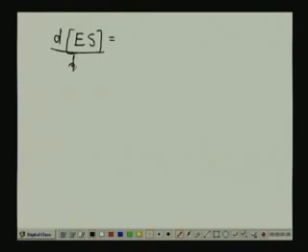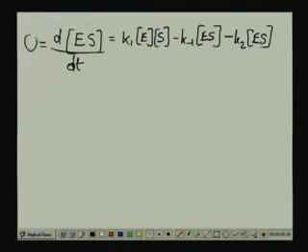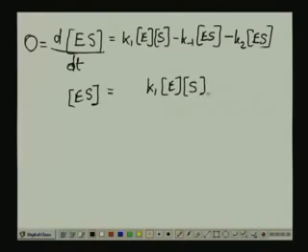I have d ES dt was K1 E S minus K minus 1 ES minus K2 ES. What did I do? I equated this to 0. So, I can get a value for ES. What is that? That is going to be K1 E S divided by K minus 1 plus K2. Fine?